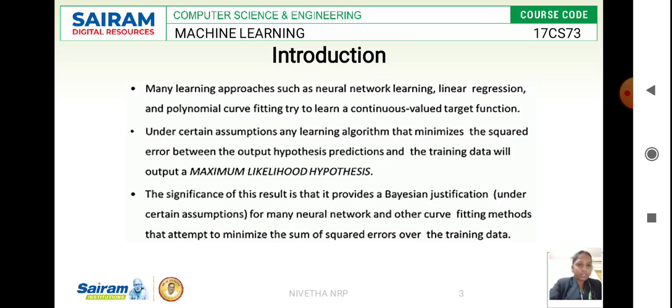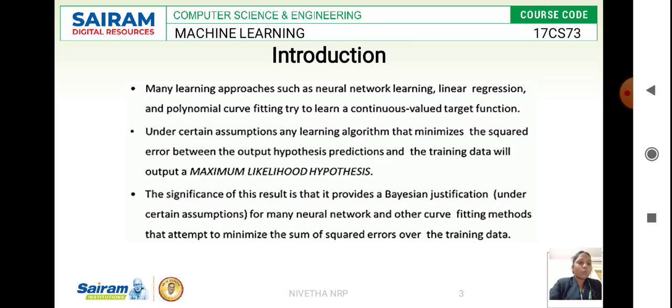And this significance is used as a Bayesian justification for implementing it in the neural network. Many of our learning approaches use neural network learning, linear regression, and polynomial curve fitting for learning a continuous value target function. We know that.